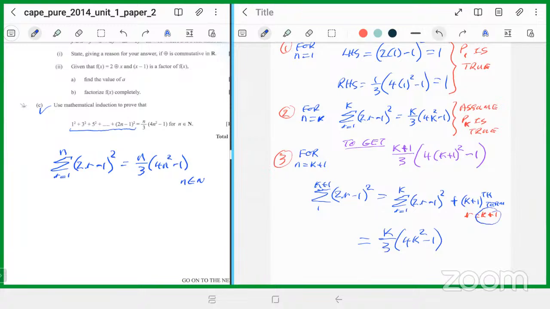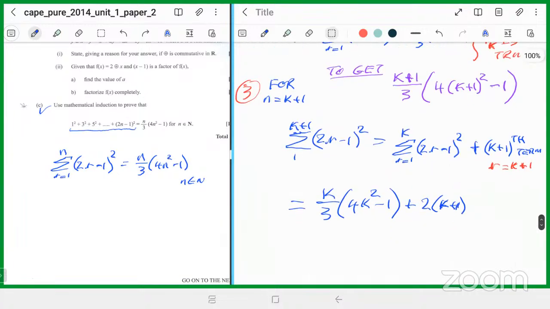So I'll put the r in there for the k plus 1th term. I'm going to get plus 2 times (k plus 1). Let me shift this over. I'm substituting this inside here for the r, and then I have to subtract a 1, and then I have to square it. See? Square it.